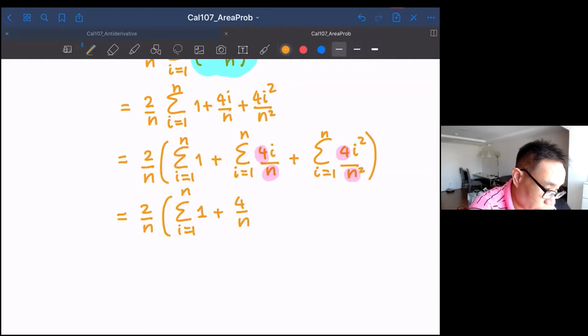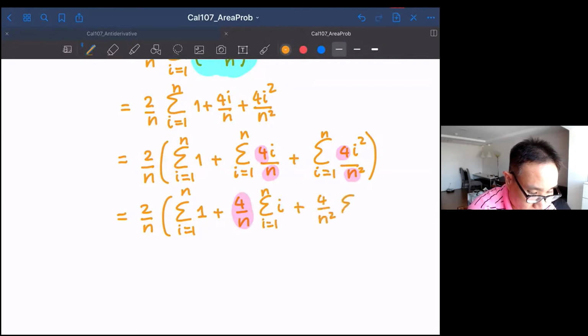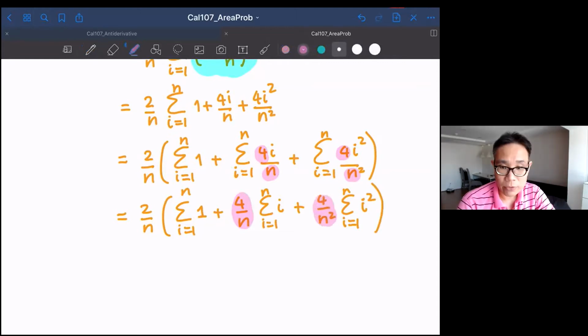So it's going to be 4 over n times the sum of i, and 4 over n squared times the sum of i squared. So this one will be this term, respectively.